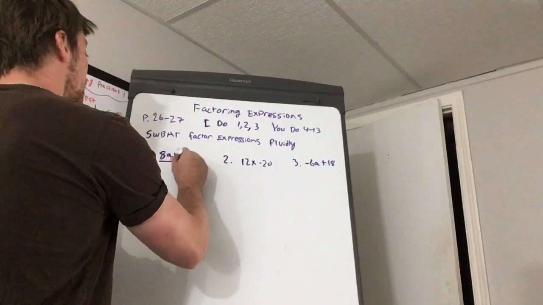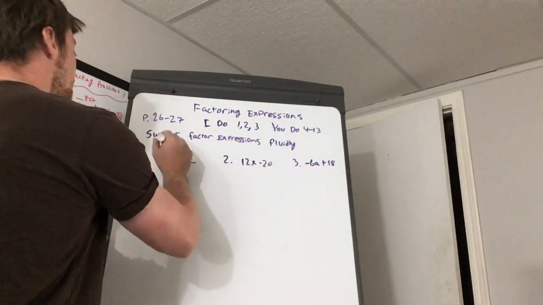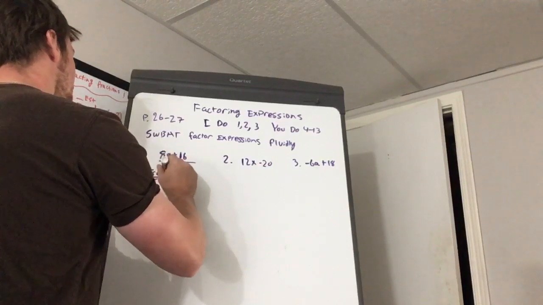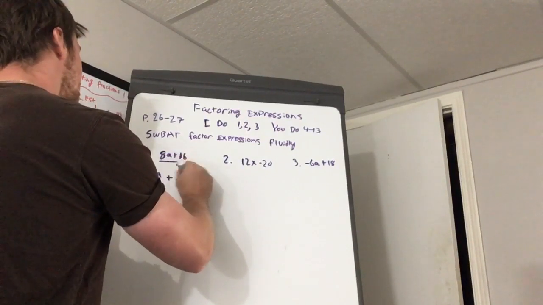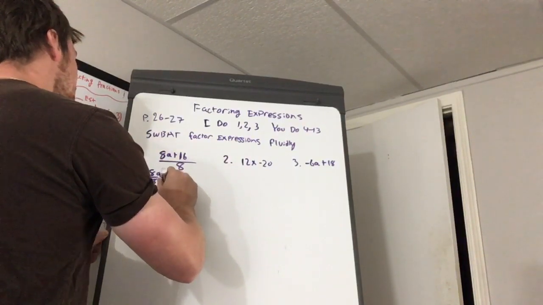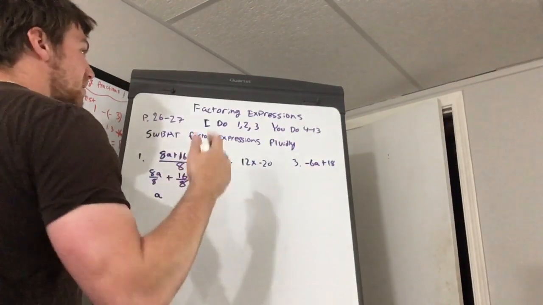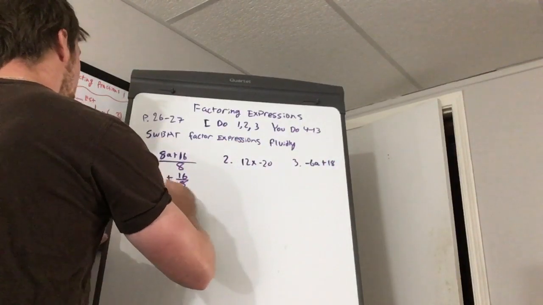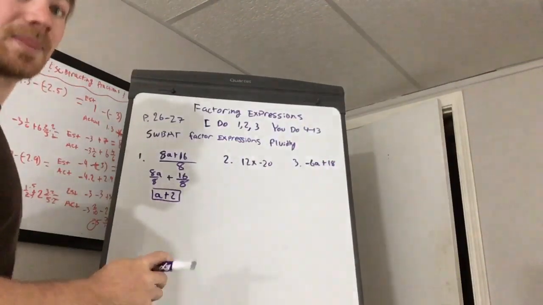So divide the whole thing by 8, and you'll get 8a over 8 plus 16 over 8. 8 over 8 is 1, so you get a. 16 over 8, 8 times what is 16? 2, so it's a plus 2. That is your final expression.